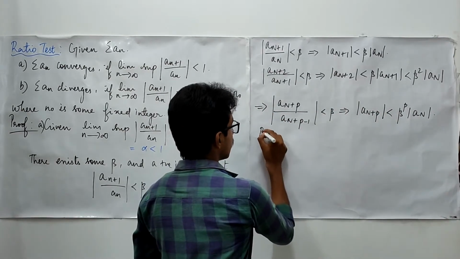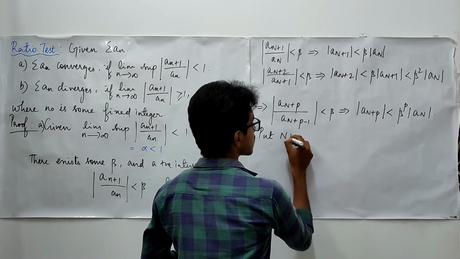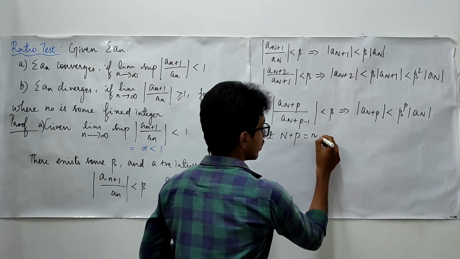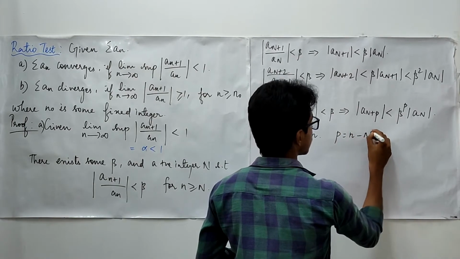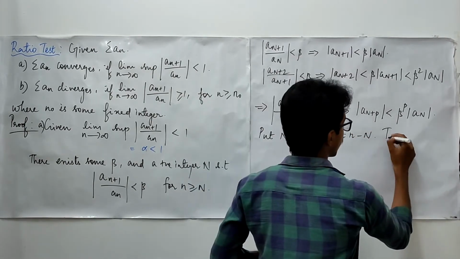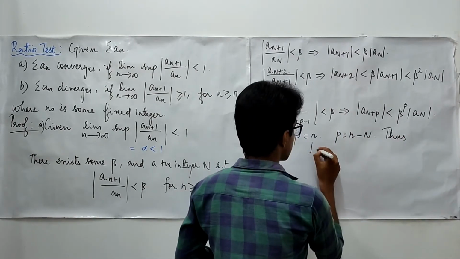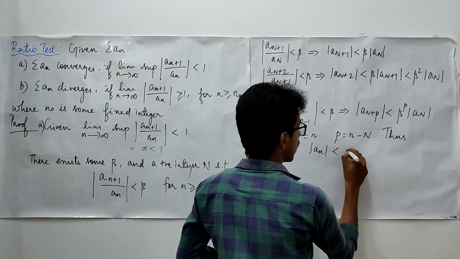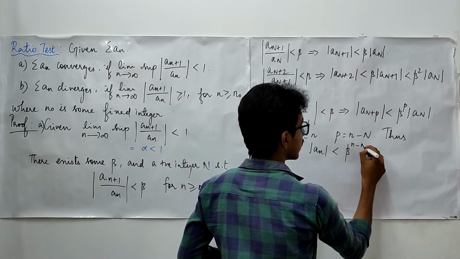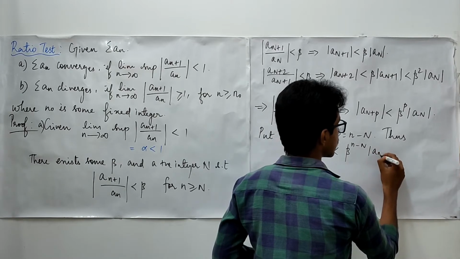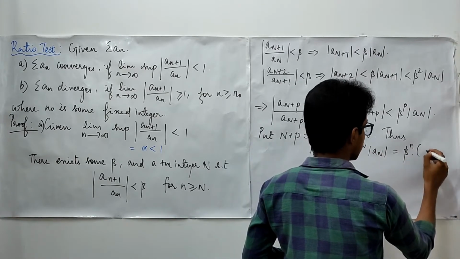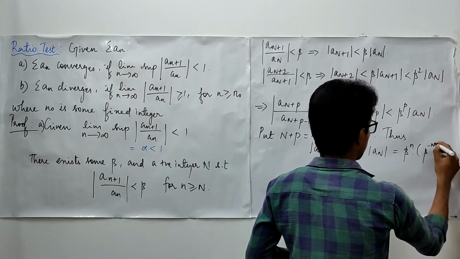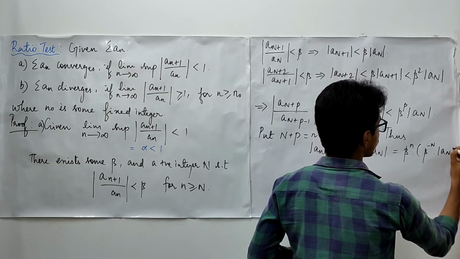Now put N plus p as the general n. If you do it, what will your p be? It is small n minus big N. Therefore, what are you going to get? The absolute value of an is smaller than beta power n minus N times the absolute value of an. This may be written as beta power n times beta power minus N into the absolute value of an.